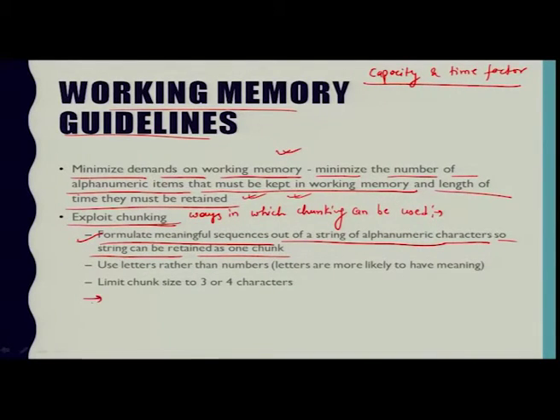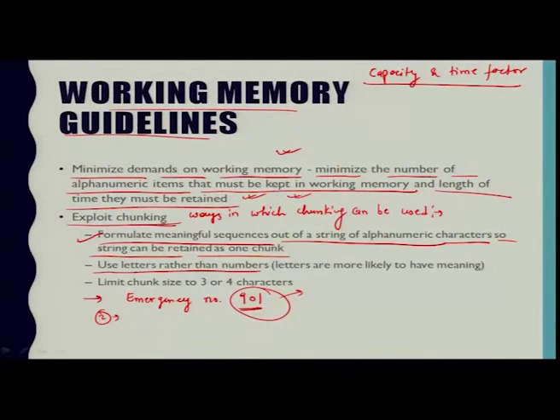Another example I can take is any emergency number, let us say 901, which is sufficiently familiar to people that it is retained as a single chunk. Second is to favor the use of letters over numbers, because they are more likely to have meaning.